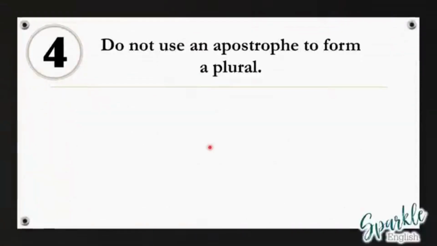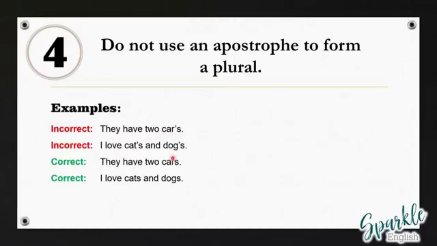Rule number 4. Do not use an apostrophe to form a plural. Examples: they have 2 cars. A lot of people make the mistake of adding an apostrophe to try to make this plural. Another incorrect example: I love cat's and dog's. Both of these are incorrect. The correct way would be, they have 2 cars. We just add the S at the end to make it plural.